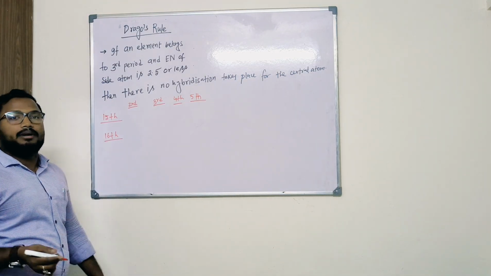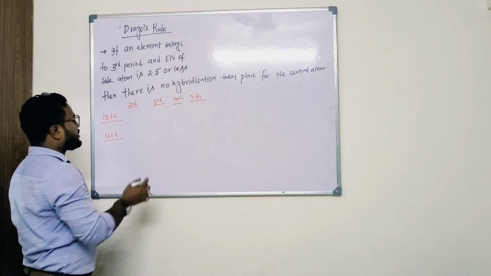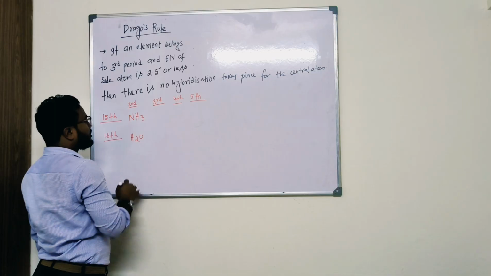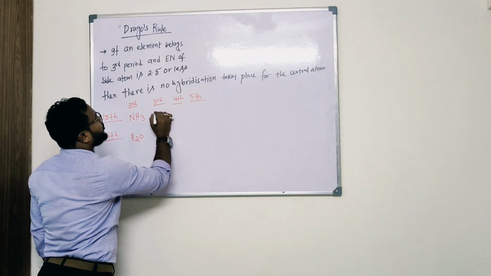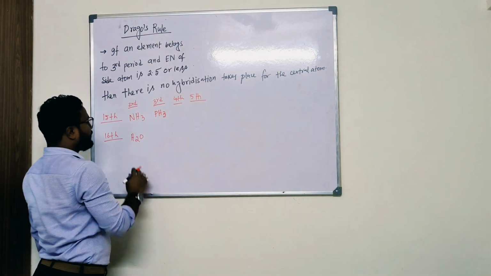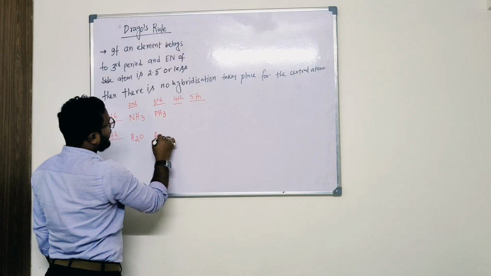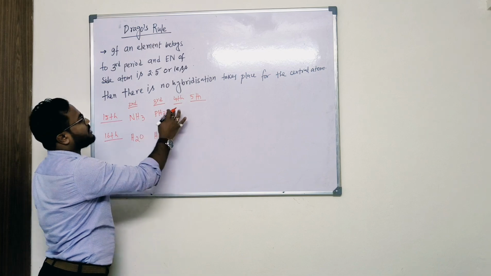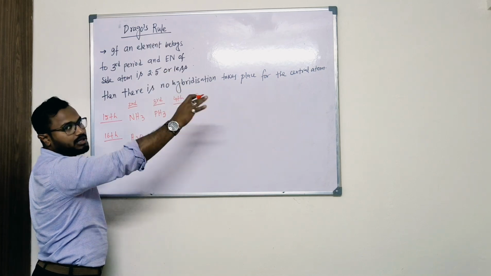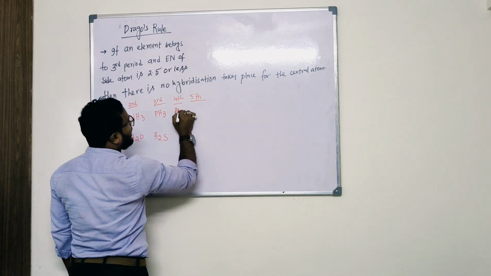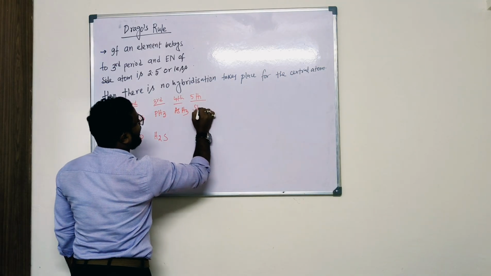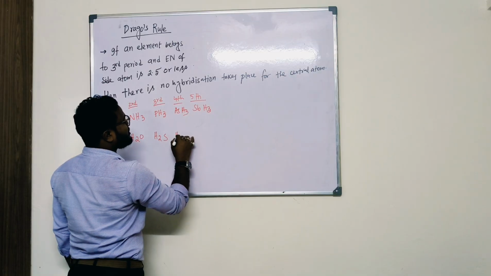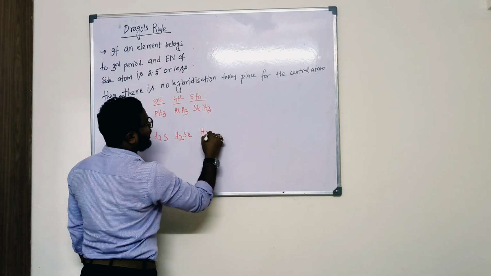For group 15, we consider NH3, PH3, AsH3, SbH3: nitrogen, phosphorus, arsenic, antimony, bismuth, like that it goes on. For group 16, water, H2S, and so on: oxygen, sulfur, selenium and tellurium.